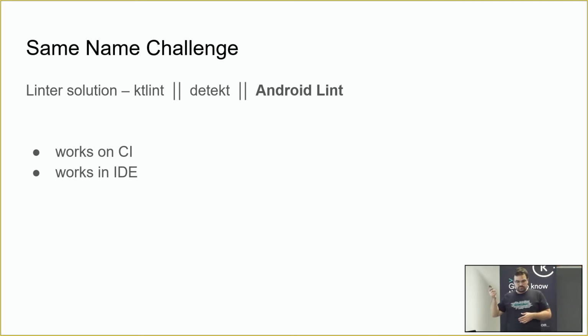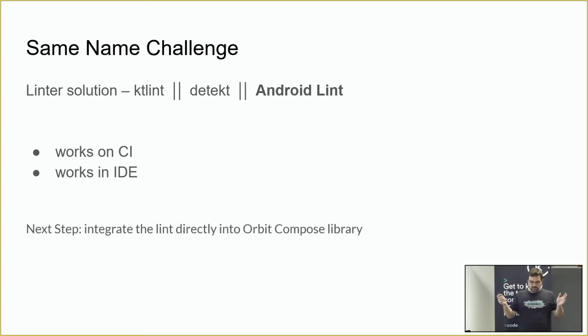So this is probably the best option. You may somehow make detekt rules also be evaluated and underlined in the IDE, but with Android Lint, this is for free. So this is our next step: to rewrite those rules for Android Lint and publish them directly with the Orbit Compose library, so that every developer would get this for free.